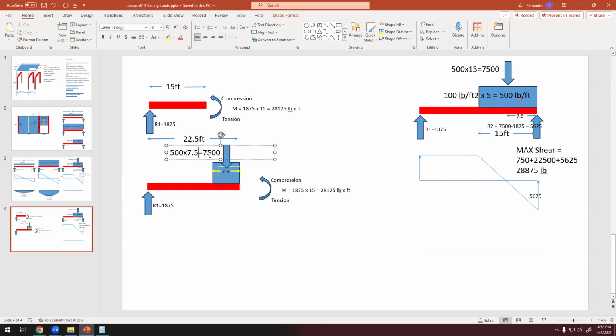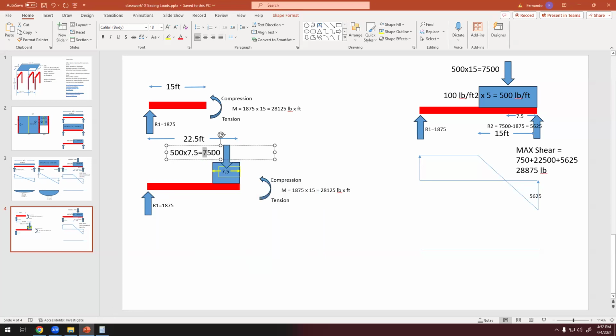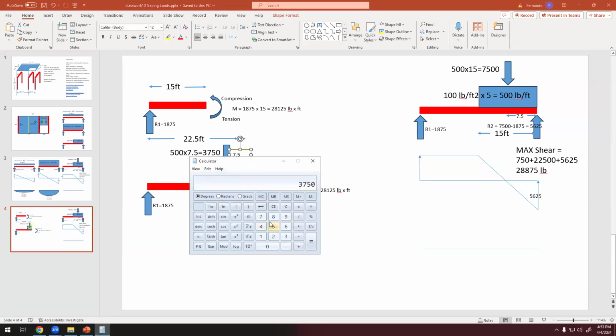So that resultant is 500 times 7.5. It's 3,750. And what is the distance? It's not 7.5, it's half of 7.5. Divided by 2 is 3.75.